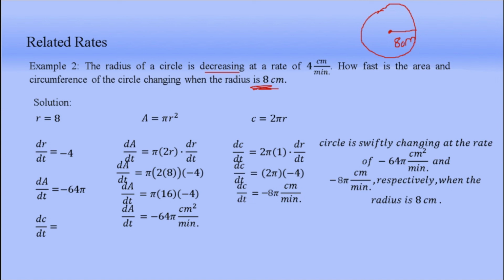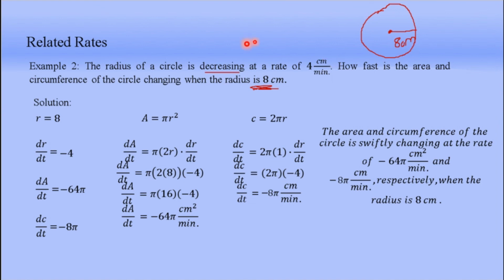So the conclusion: the area and circumference of the circle are changing at the rate of negative 64 pi centimeters squared per minute and negative 8 pi centimeters per minute respectively when the radius is 8 centimeters.